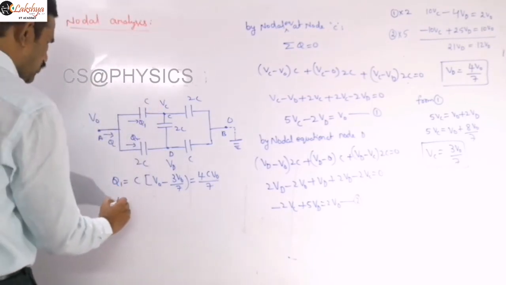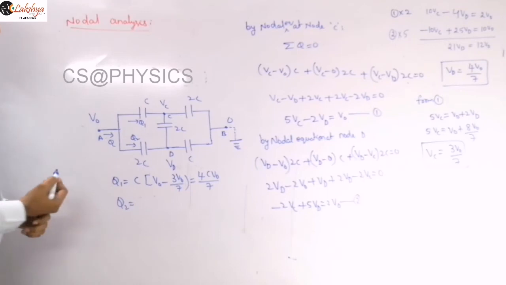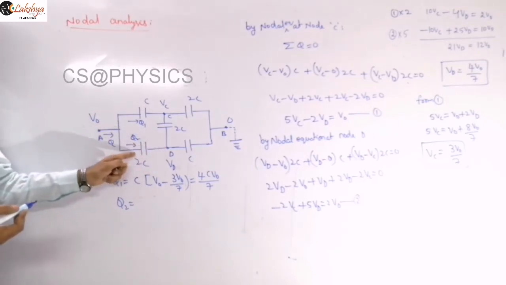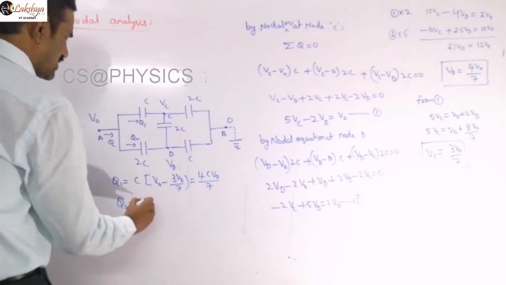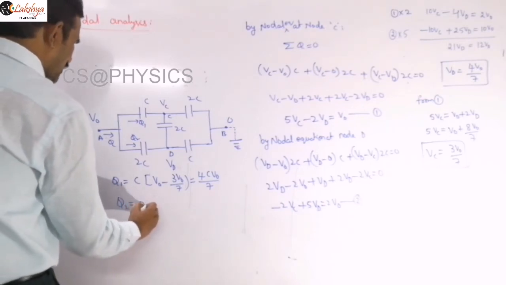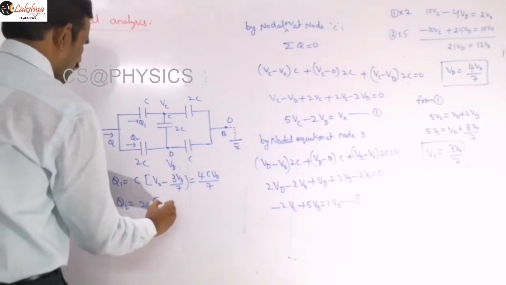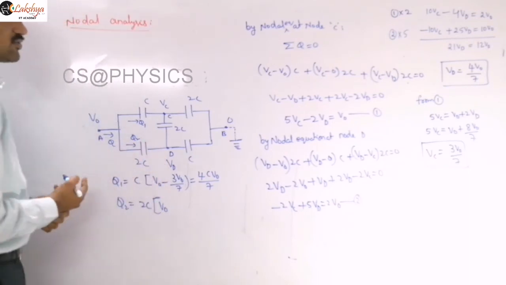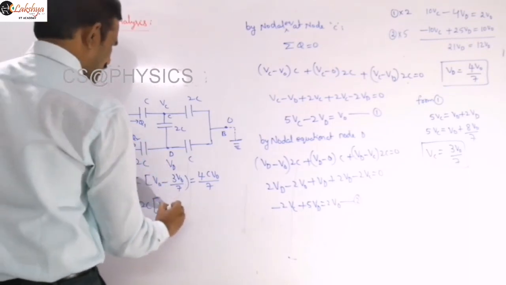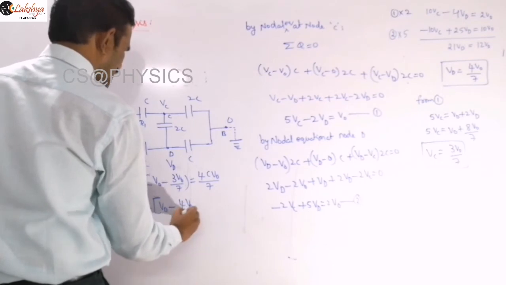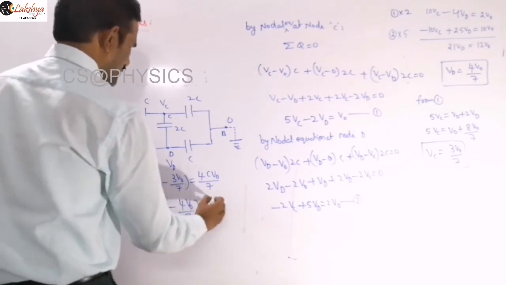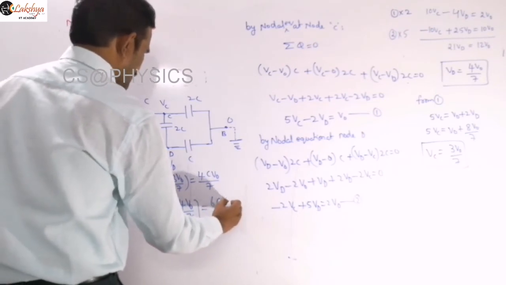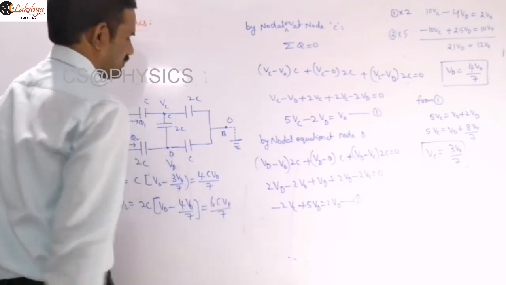And then the Q2 value. Q2 is nothing but the charge stored on this capacitor, which we are assuming flowing along this direction here. So that charge I can write as 2C into V0 minus VD. So the VD value we already calculated, minus 4 V0 by 7, which is nothing but 6 CV0 by 7, right?